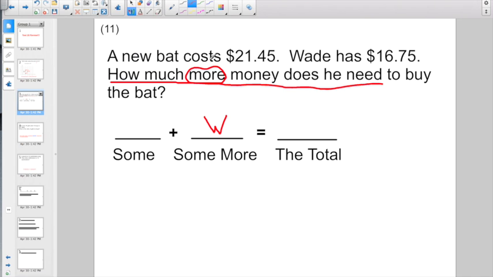So the new bat costs $21.45. Is that some of the money he has or the total of the money that he needs? Hopefully you know right there that would be the total that he needs to buy the bat, right? $21.45 is how much he has to have to be able to buy the bat.